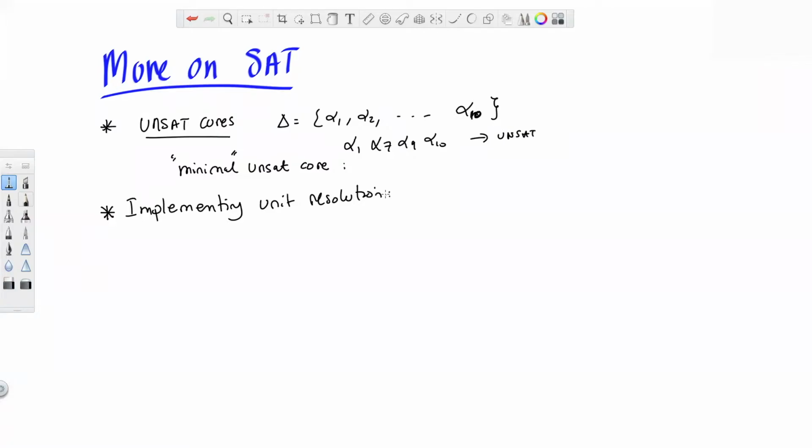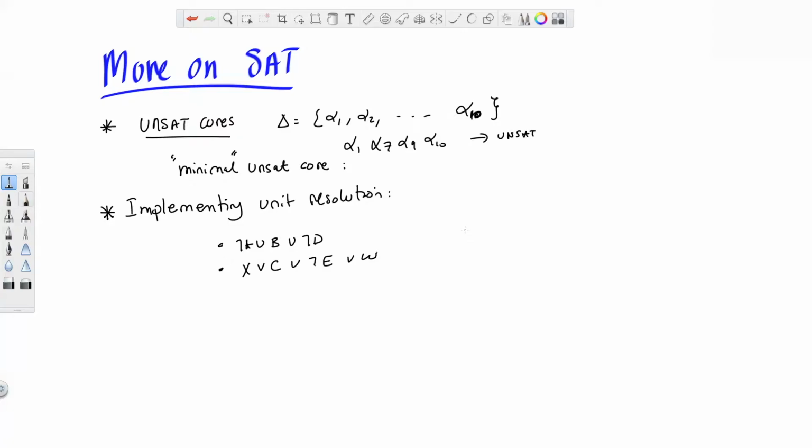But let's see how, if you were to go and implement unit resolution, what would you do? The basic thing is you may have a clause like not A or B, or let's say not D. These would be your clauses, and you may have something like X or C or not E, W, and so on. And the thing that happens with unit resolution is variables end up taking values.